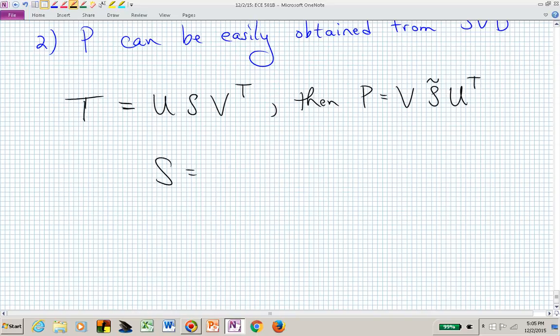So S is now diagonal, where those are the singular values, the non-zero singular values, and if there are zero singular values, those will be zero.